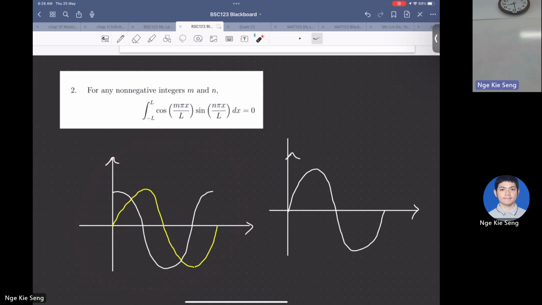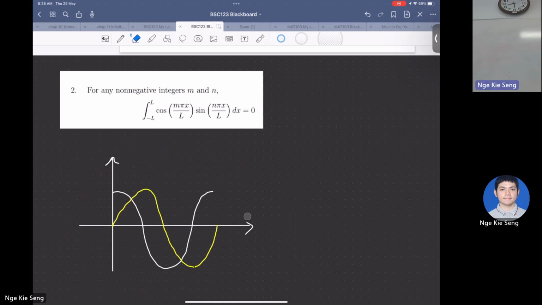And when I say out of sync, you can see that actually sine and cosine are the same wave, just shifted. Sine is the cosine function shifted by 90 degrees. So this is what I mean by out of sync.